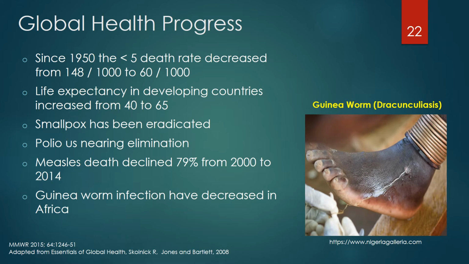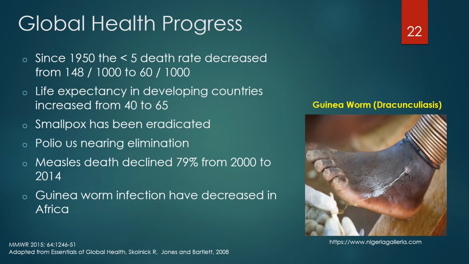There has also been progress in reducing the burden of other childhood vaccine-preventable diseases. For example, the CDC reports that from 2000 to 2014, the annual estimated measles deaths worldwide declined 79% from 546,800 to 114,900.